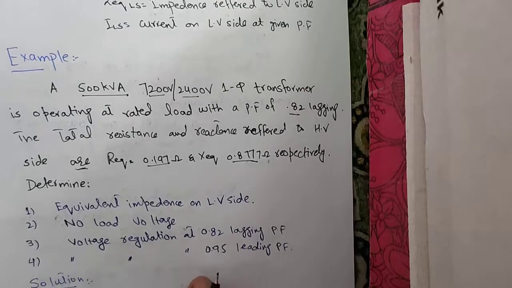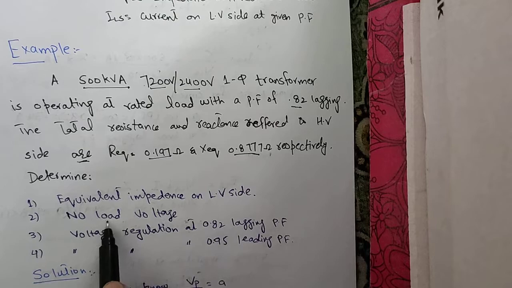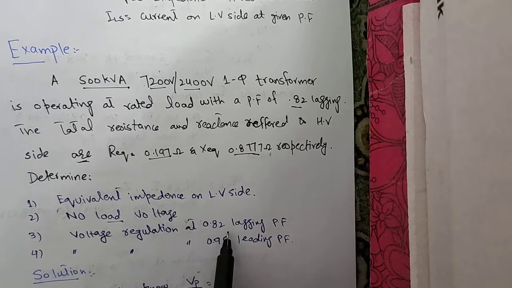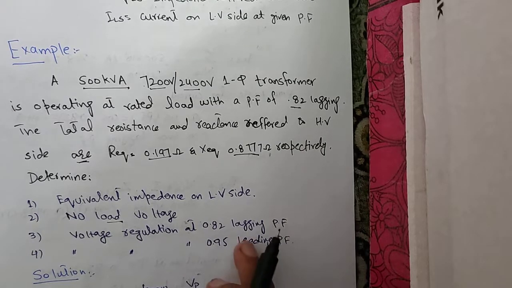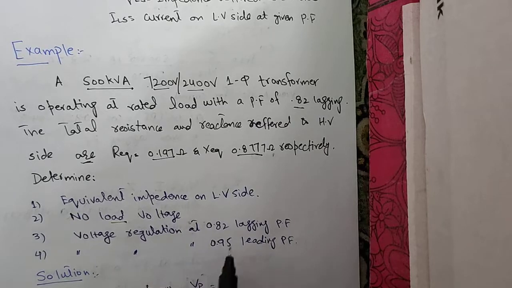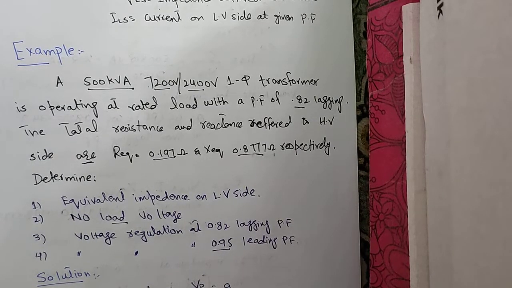Now what we have to determine: equivalent impedance on the low voltage side, no load voltage, voltage regulation at 0.82 power factor lagging as given in the question statement, and voltage regulation at 0.95 leading power factor.